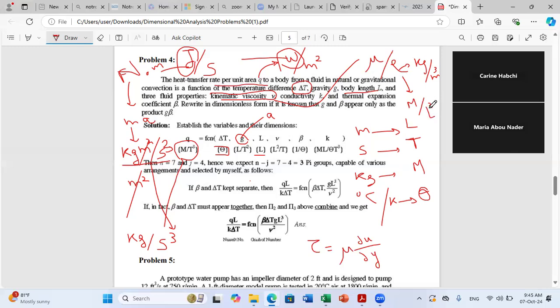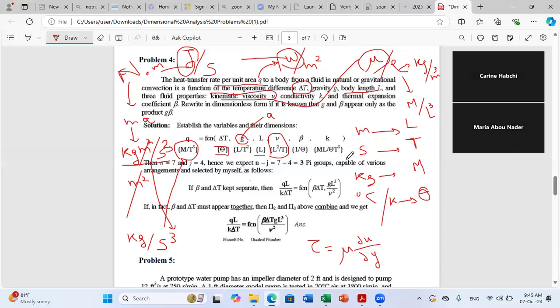So you just have to take the dimension of mu and multiply it by L cube over M. Then I get the dimension of the kinematic viscosity from the dynamic one.